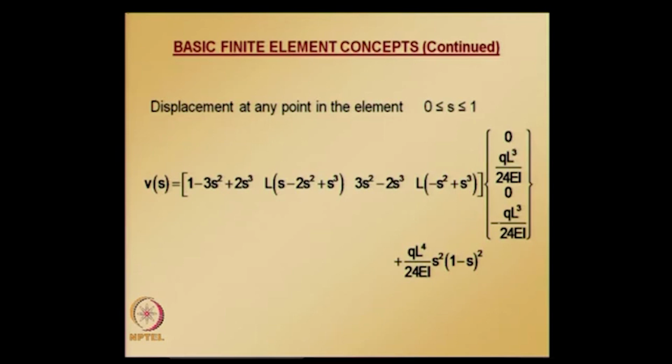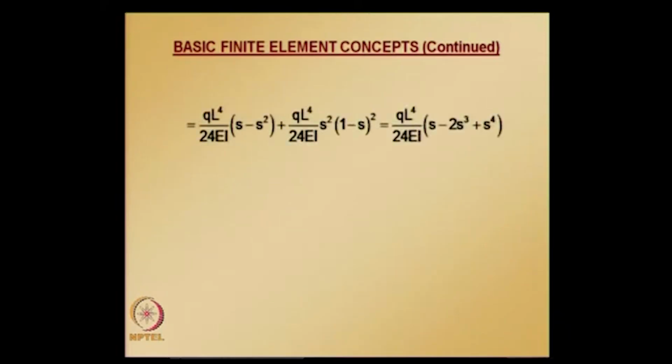These fixed end moment values can be obtained readily in any of the elementary strength of materials or mechanics of materials books. And now we have the nodal values and also we know the correction term, so we can simplify this further and we get this one.